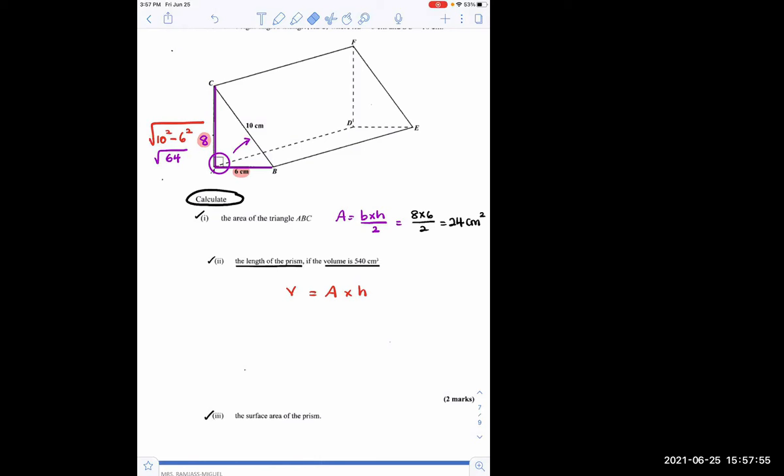And they asked you to find the area in part 1, which means half of your job is finished. So 540 is equal to 24 by some number. Make H the subject. The way to make H the subject is to eliminate the multiplication by 24. So find H for me. Divide both sides by 24.